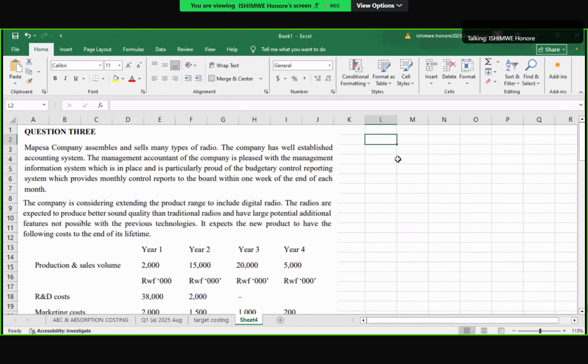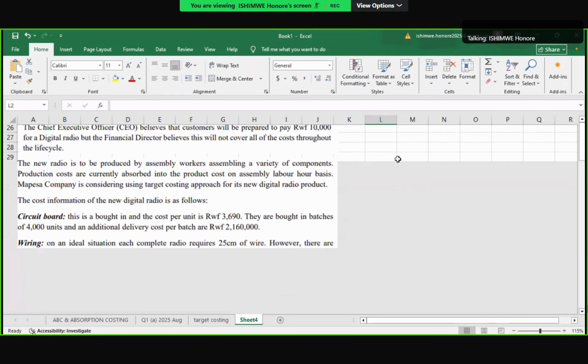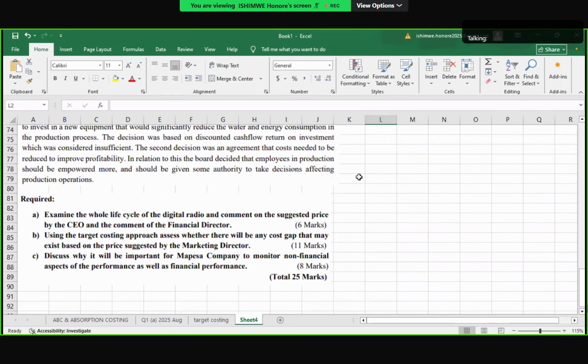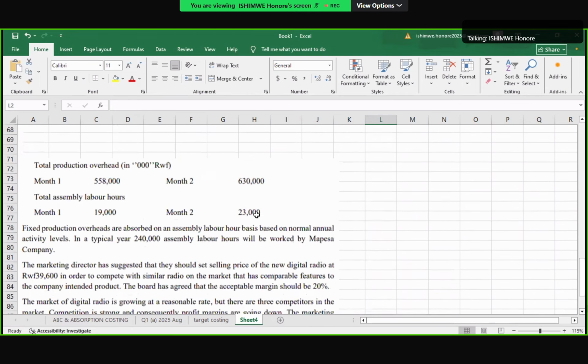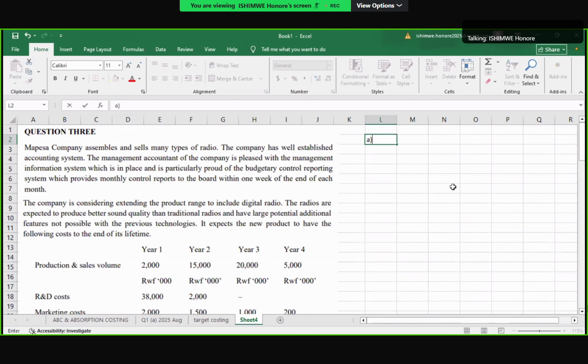So requirement number 1, they say to examine the whole life cycle of this digital radio. So we're going to answer part A. I'm going to say life cycle cost of digital radio, digital radio life cycle cost analysis.